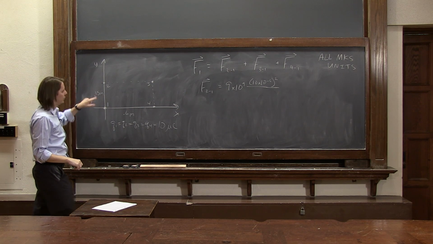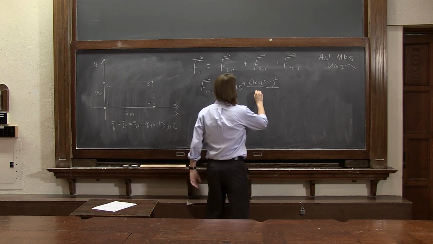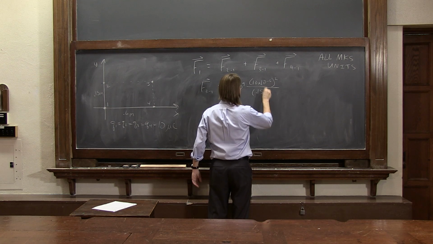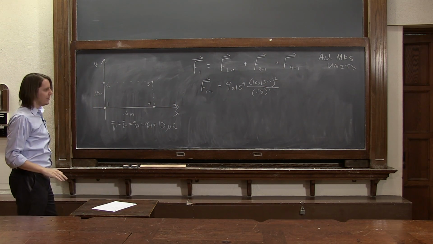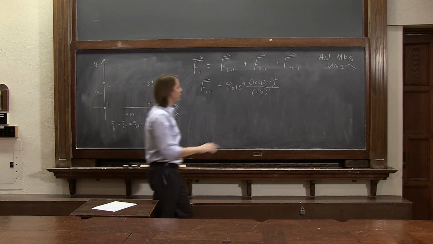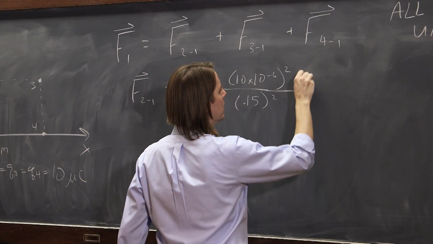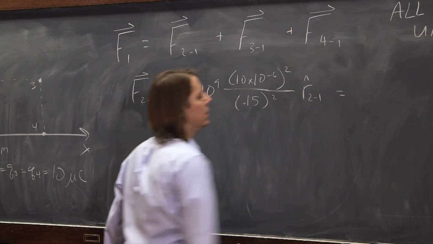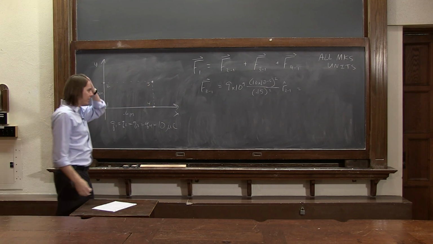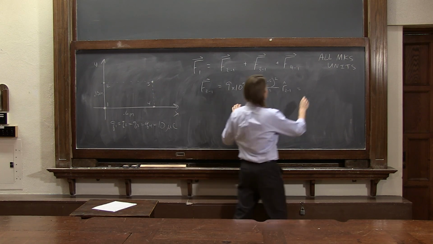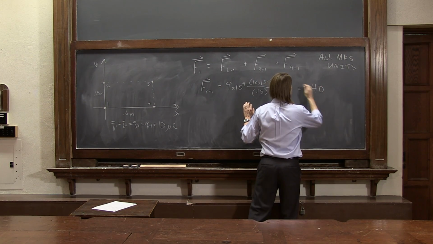So 2, 1 was 0.15 meters squared. And then we would write r hat 2, 1, and we would see what we get. You plug in all those numbers and you get 40.